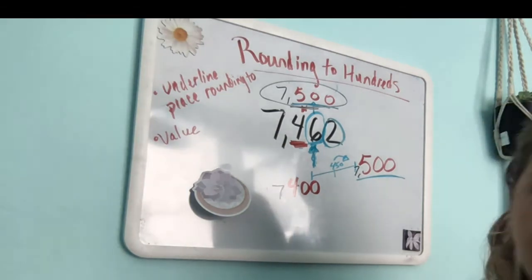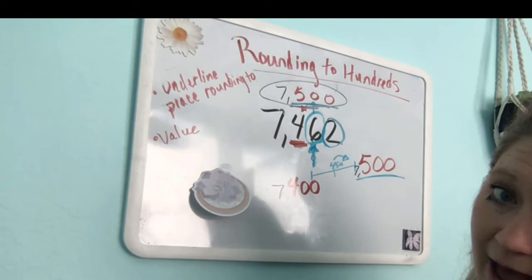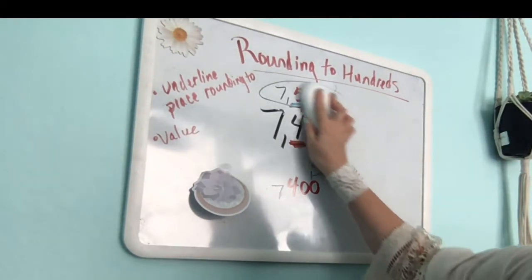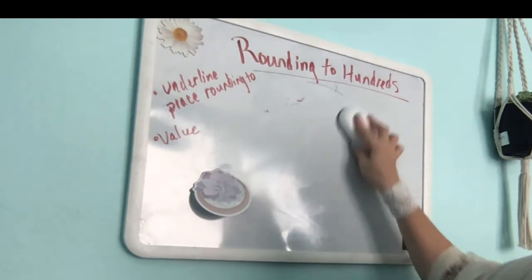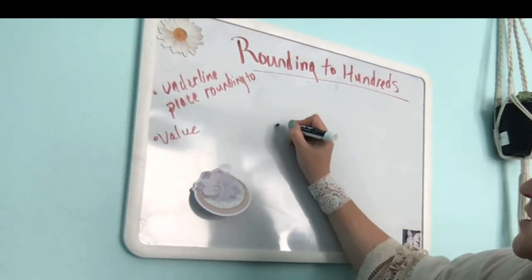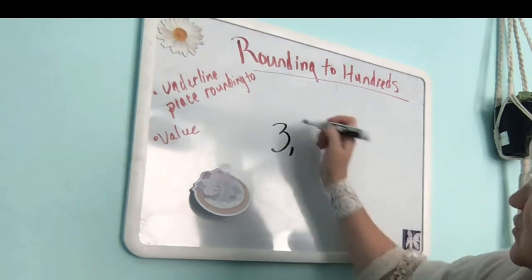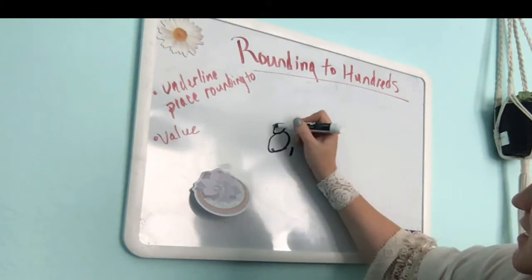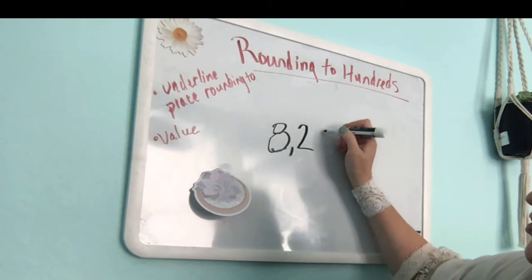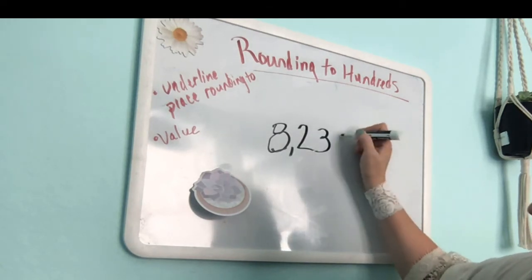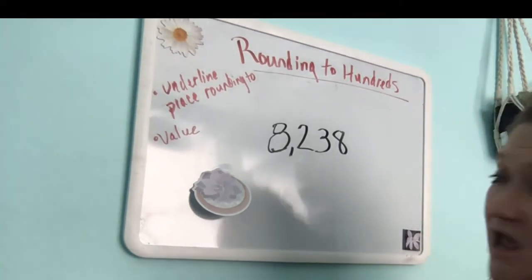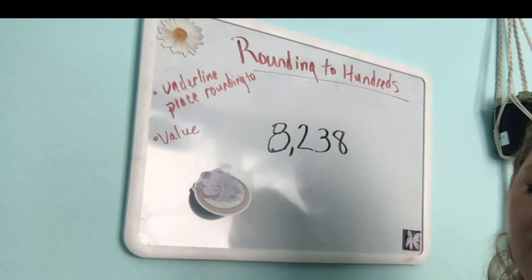I don't want to just leave you at that, because what happens if it doesn't round up? So let's try one more. Okay, this time I'm going to do 8,238.